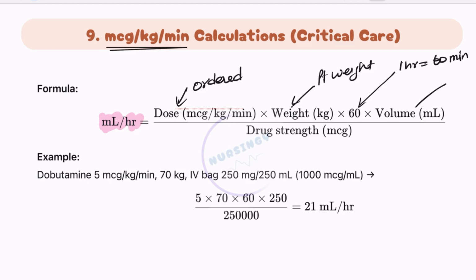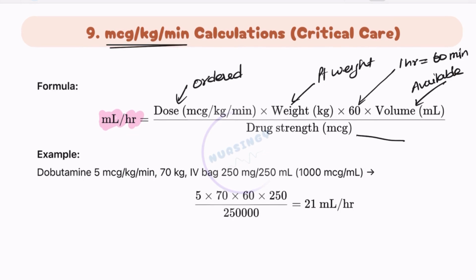Then the available volume of the bag, and then the drug strength, what we have available.